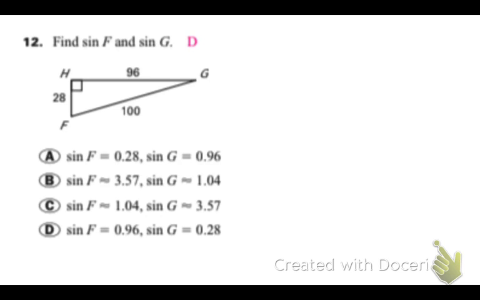Okay, this is similar, sine F and sine G. And we remember what the formulas are for F and G. So sine of theta, as in SOHCAHTOA, is opposite over hypotenuse.